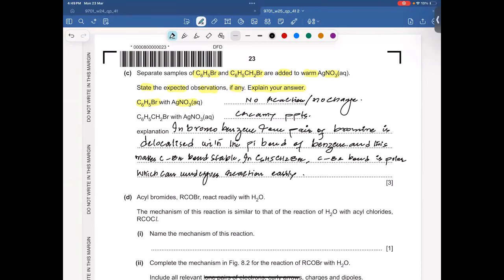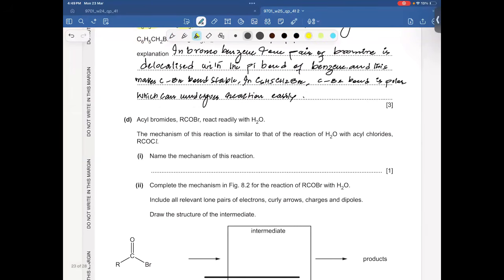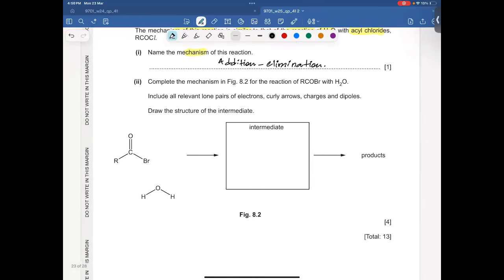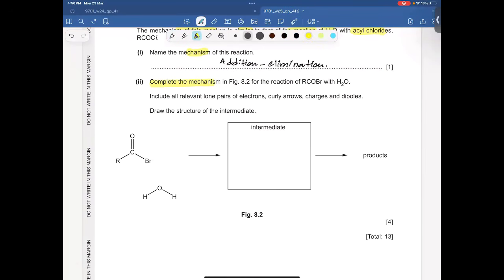Okay. Acyl bromide reacts with water. The mechanism of this reaction is similar to the reaction of water with acyl chloride. Name the mechanism. Addition, elimination. Complete the mechanism. Include all relevant lone pairs. So this oxygen has a lone pair.